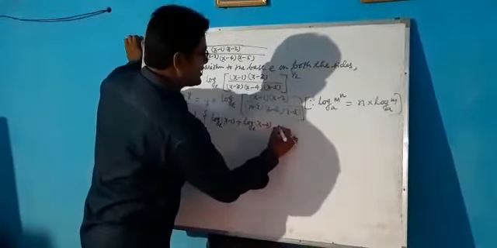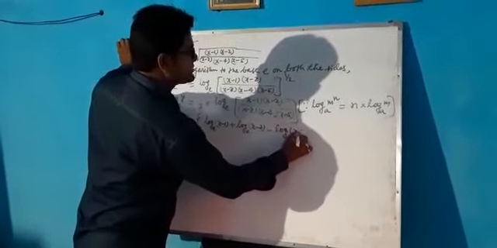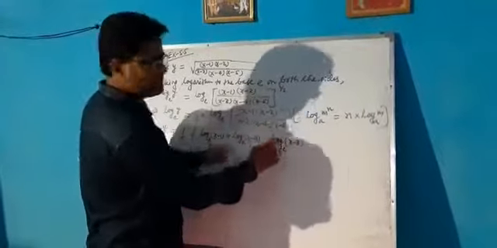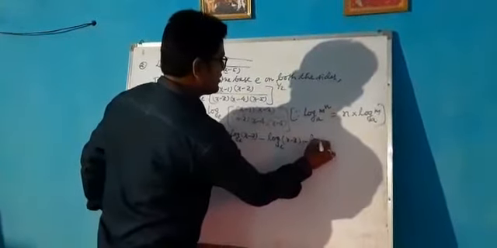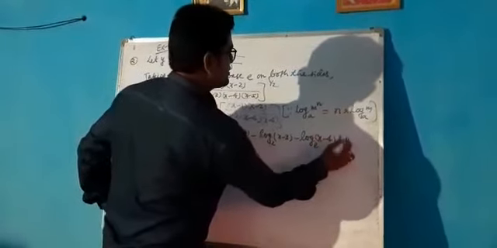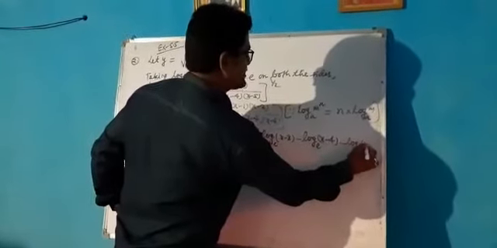So I can write minus log to the base e (x minus 3), minus log to the base e (x minus 4), minus log to the base e (x minus 5).